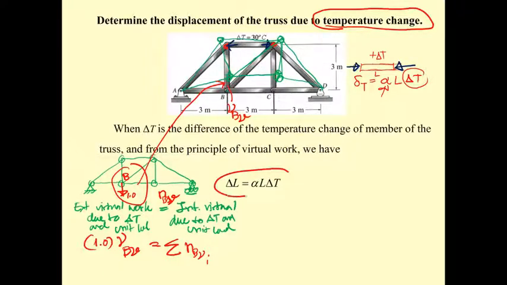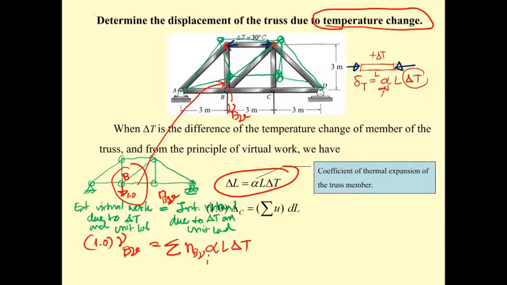Since the deformation that occurs here is this, it's going to have alpha L delta T. So you got the virtual work equation in the form over here.